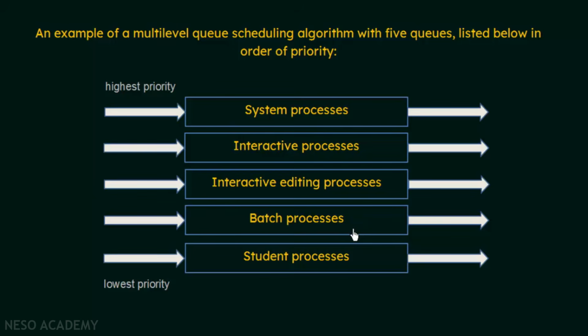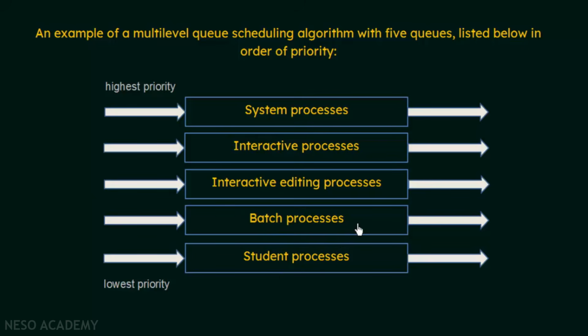So the processes in the batch process queue begin their execution, and while it is executing, let's say that there is a process that arrives into the interactive editing process queue. Now what happens? We see that this queue is having a higher priority as compared to the queues below it, which are the batch and the student processes.